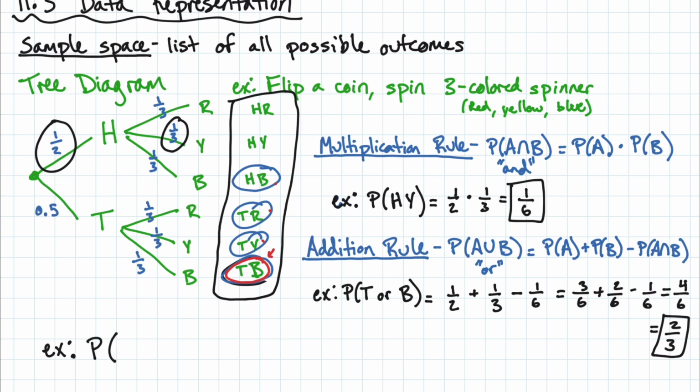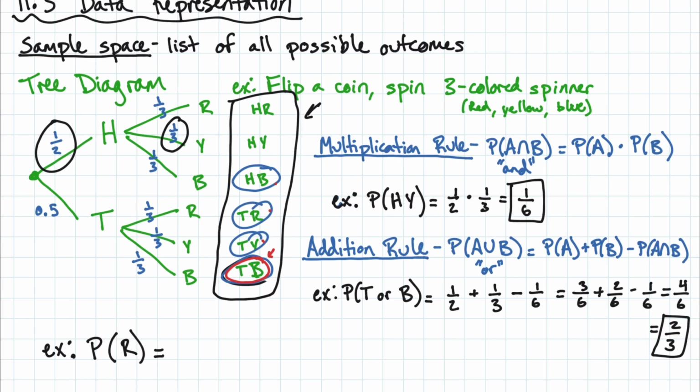Let's say, what is the probability of just being red? Well, you see how red is represented in 2 different branches, and so we have to calculate the probability following the branches. And I know for this example, at least if it's me, I'd be looking here at the sample space going, oh, it's 2 out of 6, which is 1/3.